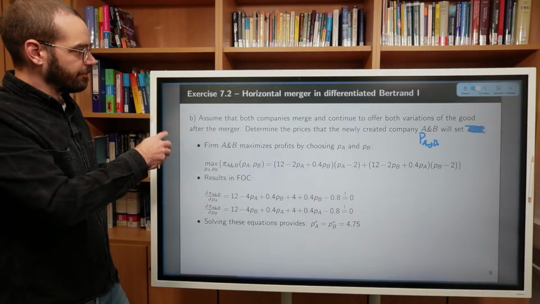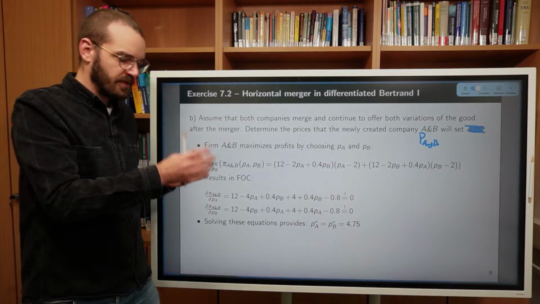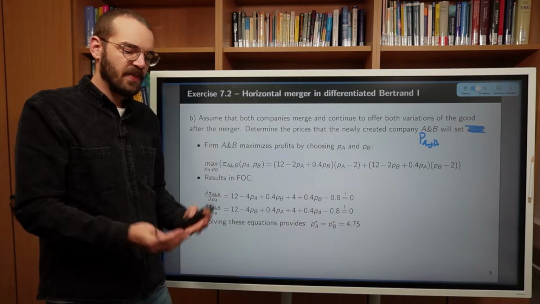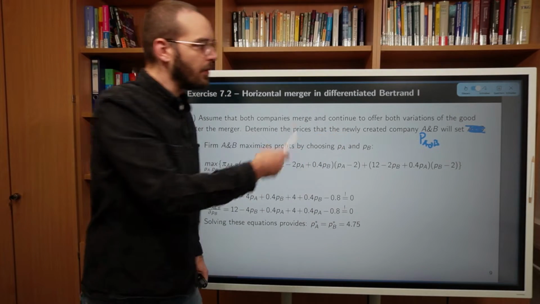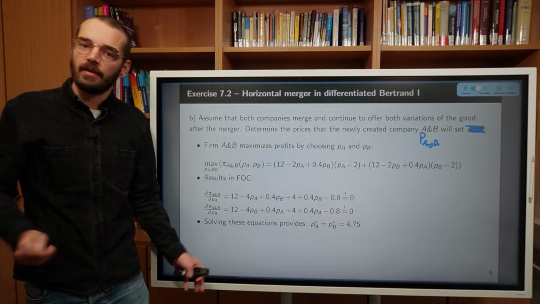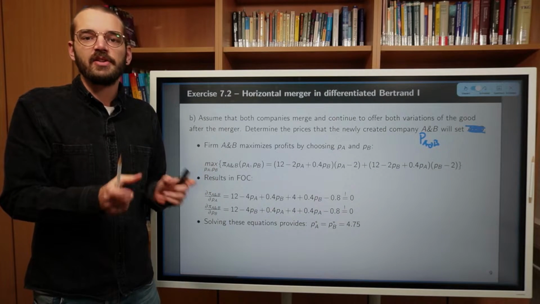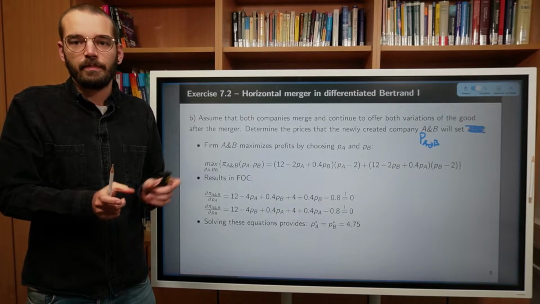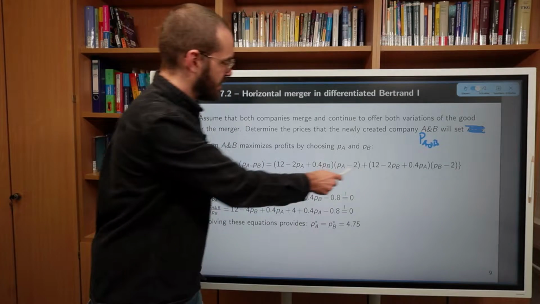The profit function of this now merged firm, which by assumption continues to offer both variations of the good after the merger, is simply the sum of both of the individual profit functions of the firms pre-merger. And that's exactly what we see down here.